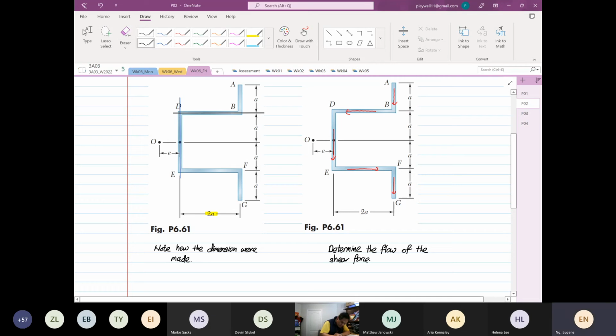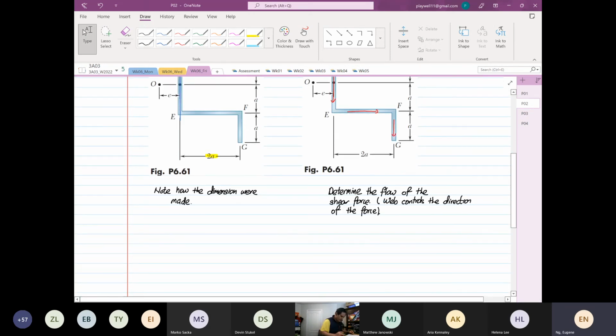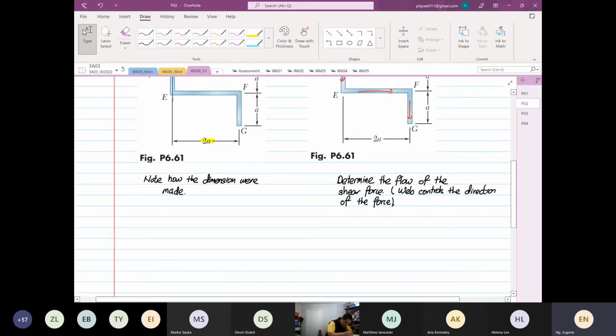Again, the web controls the direction of the force. Then the next thing I'm going to write down is the solution procedure. We have done two things already. So the solution procedure is as follows.